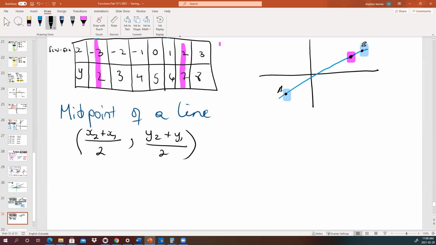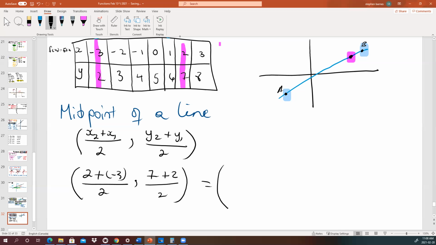So the x's here are 2 and -3. 2 plus -3 over 2. And then the y's are 7 and 2. So you have 7 plus 2 over 2. 2 and -3 is -1, so -1 over 2 is the x coordinate. And then the y coordinate is 9 over 2.